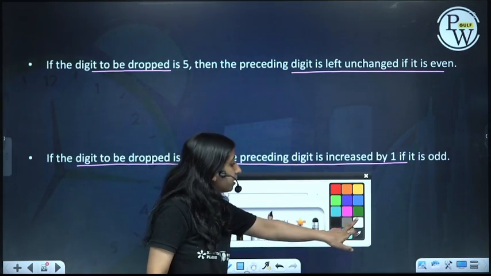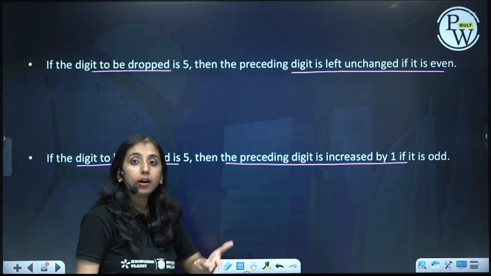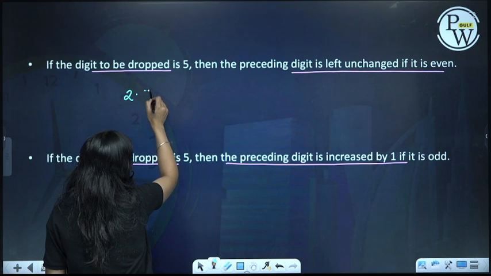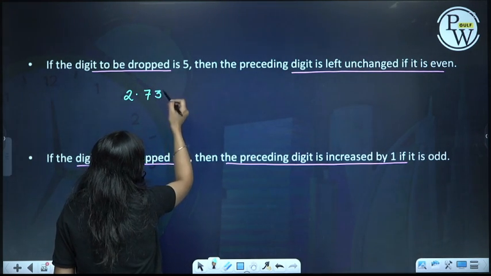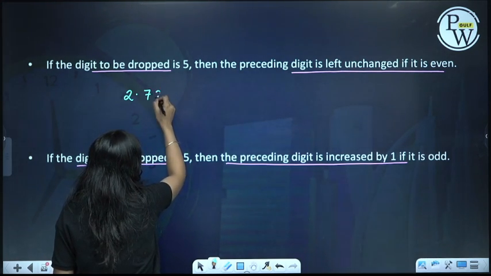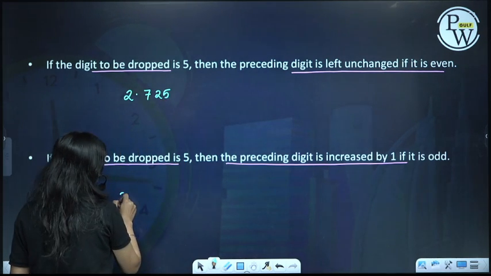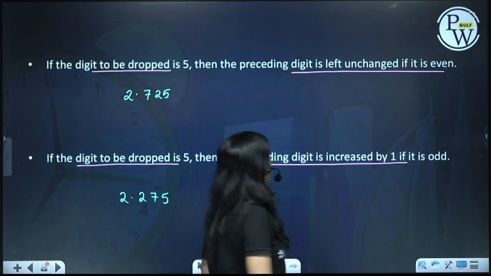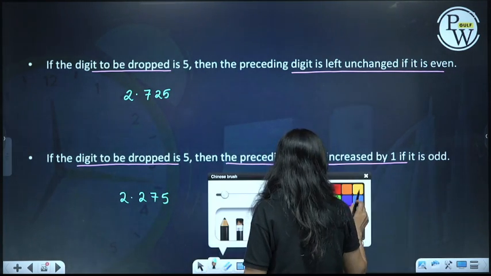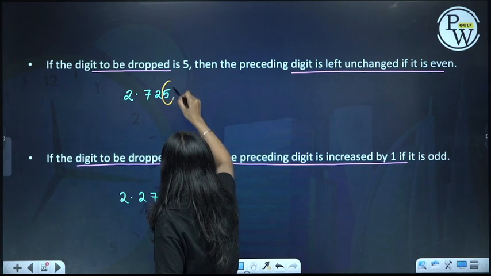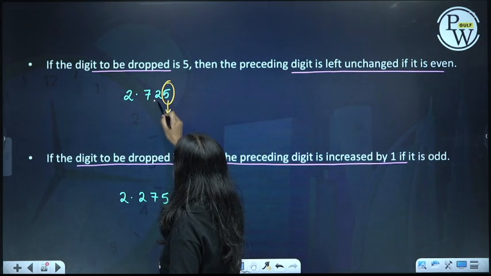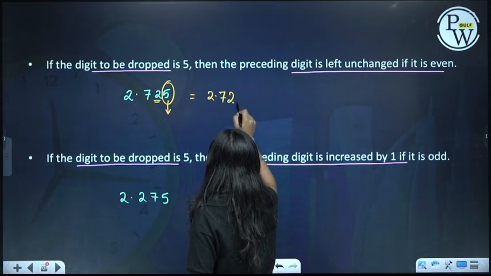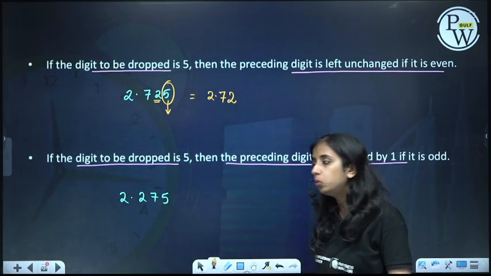Let us take the examples of 2.725 and 2.275. Round it off to three significant figures. The digit to be dropped is 5. The preceding digit is even, so it remains unchanged. We will write the answer as 2.72 only.